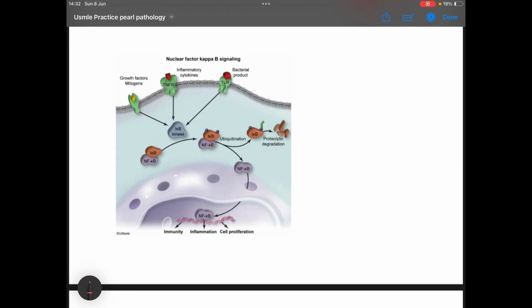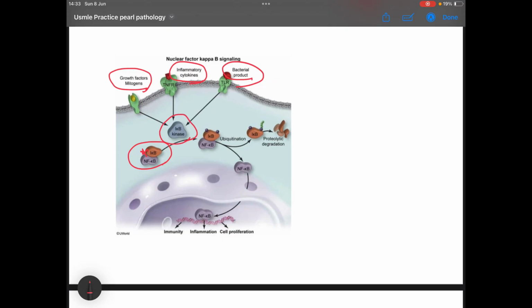The mechanism is that nuclear factor kappa B is an inactive compound, part of the transcription factors that perform a critical role in the immune response to infection and inflammation. In inflammatory cells, nuclear factor kappa B is in a latent inactive state bound to the inhibitor protein IKB. When any stimulus comes, like growth factors, mitogens, inflammatory cytokines, or bacterial products, they activate an enzyme, IKB kinase.